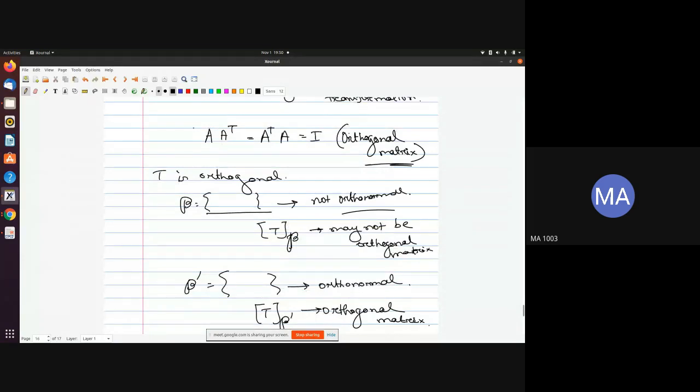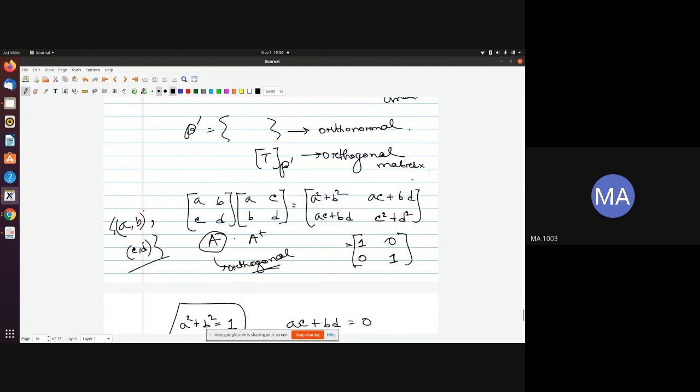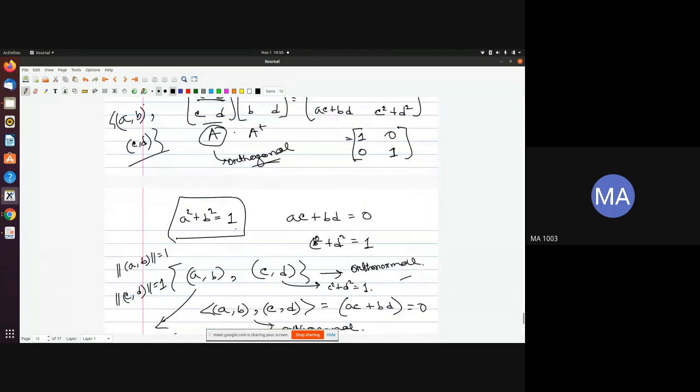So this property, A A transpose is the same as A transpose A, and this will be the same as identity. If this happens for a matrix, then we call it an orthogonal matrix. Now what I am saying is, if you take out the rows of the matrix, like (a, b) and (c, d), these are two rows, these rows will form an orthonormal basis for the row space of the matrix. Clear? Yes, sir. Okay, fine.